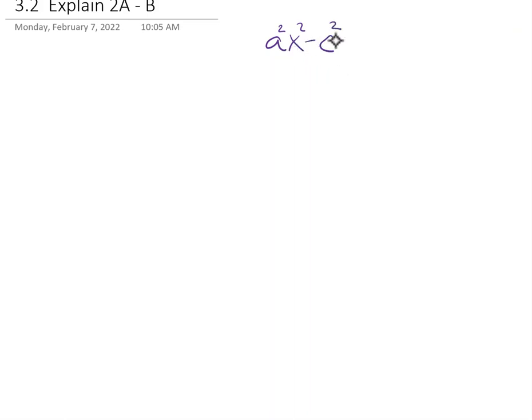It's actually c squared. So if that's the case, then a is the coefficient of the variable x squared. B is always going to be 0 in this case, and c is the constant term, and sometimes that constant term will have a variable term.